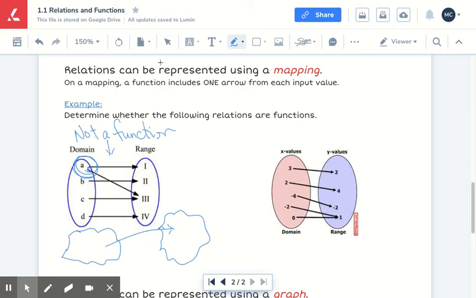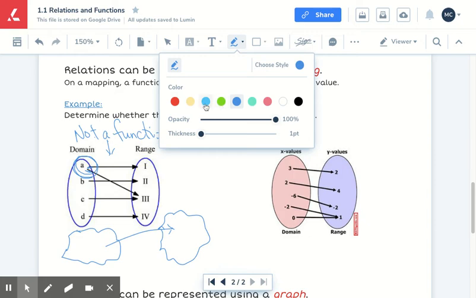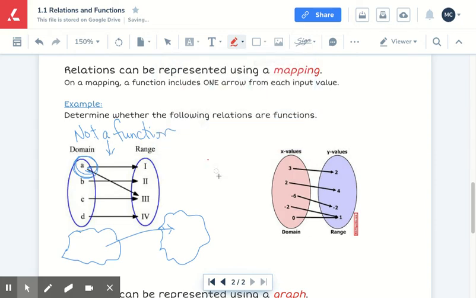Okay, looking at the second mapping that we have on here. Again, we've got inputs on the left and outputs on the right. So I'm going to look at my input values and see if each input value goes to only one output value. So 3 goes to 2, only one arrow coming from 3. 2 goes to 4, only one arrow coming from 2.